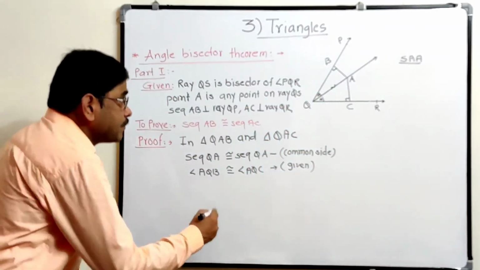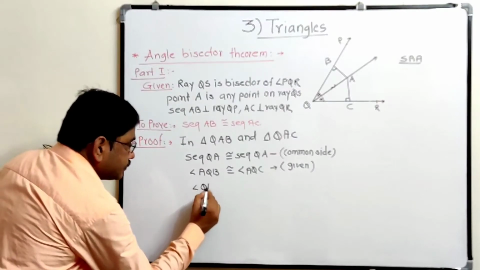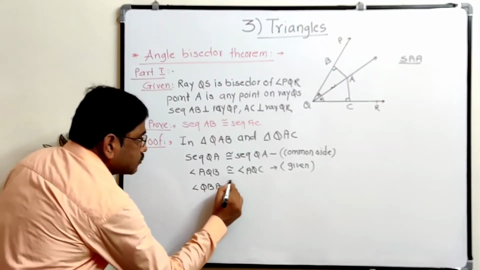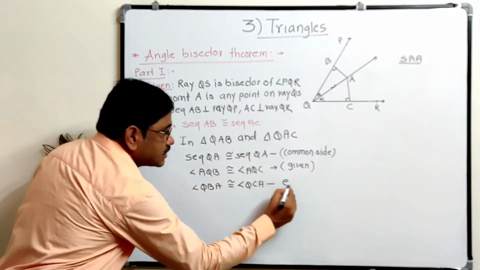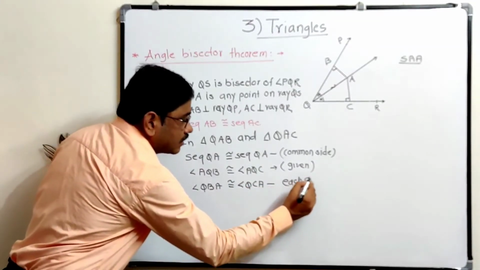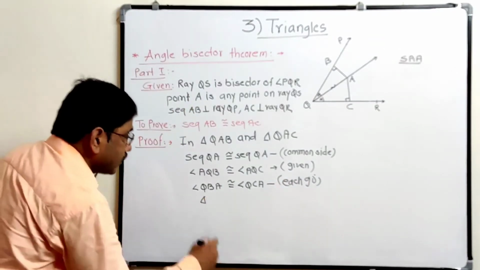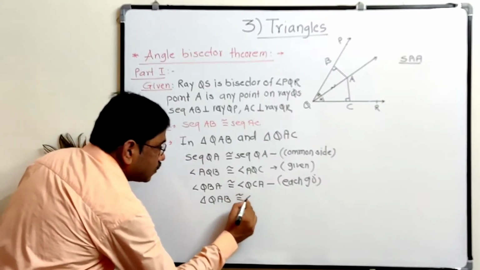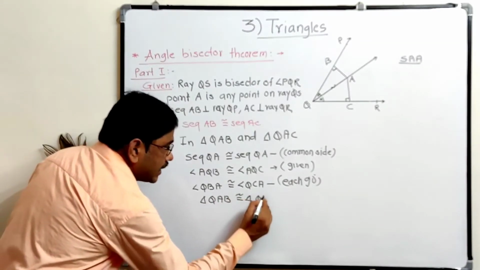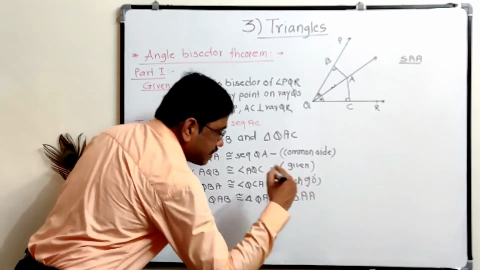Now next one, angle QBA is congruent to angle QCA, each 90. Both are perpendicular. Therefore triangle QAB is congruent to triangle QAC by which test? SAA test. Remember this test.